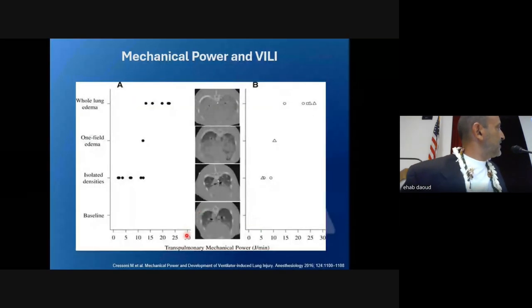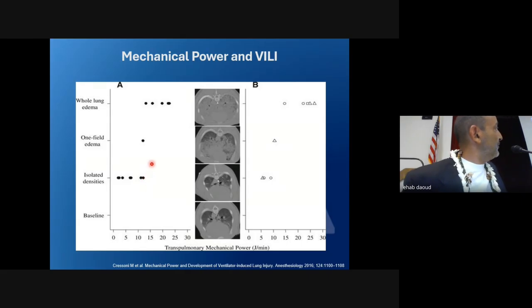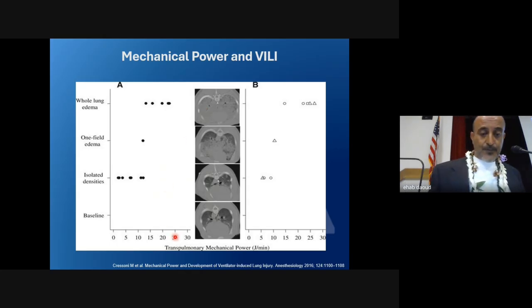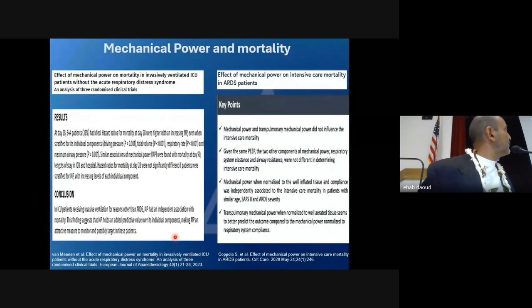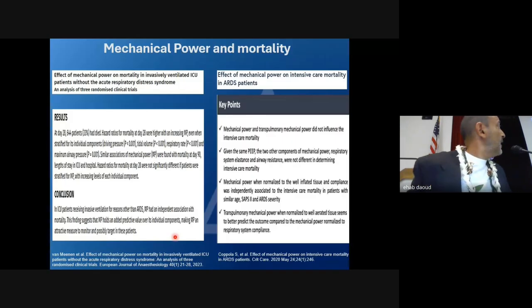This is another study, I like it because it's about the transpulmonary mechanical power that we talked about. The more the transpulmonary mechanical power gets worse, you can see here, not too bad, it gets worse at 2025. So mechanical power and mortality, again, I'm not going to go through all the studies because I'm pretty sure we are behind.